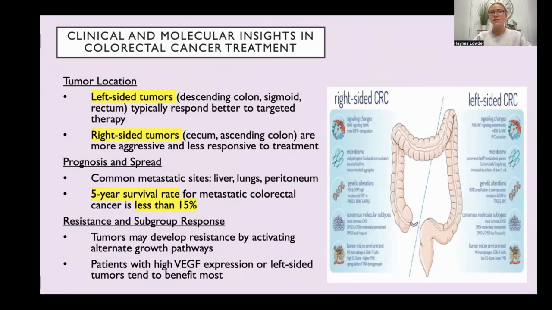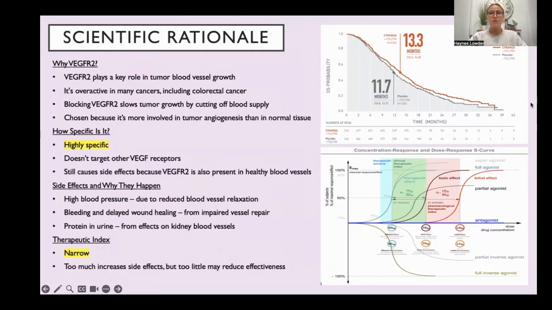This highlights how resistance impacts long-term outcomes, with tumors often activating alternate pathways like FGFR or mutating VEGFR2 itself. Once cancer has metastasized, typically to liver, lungs, or peritoneum, the 5-year survival rate drops below 15%, which is very low.